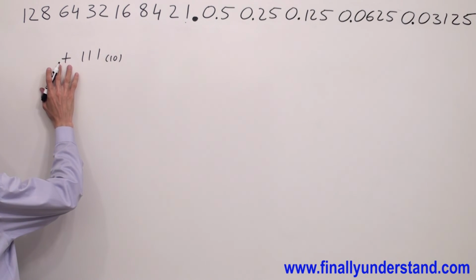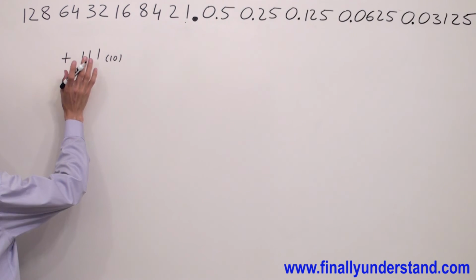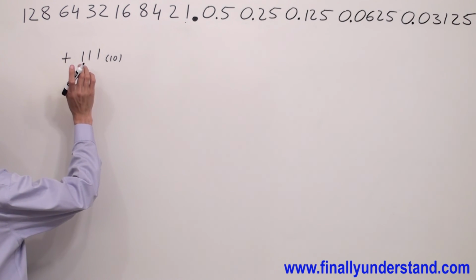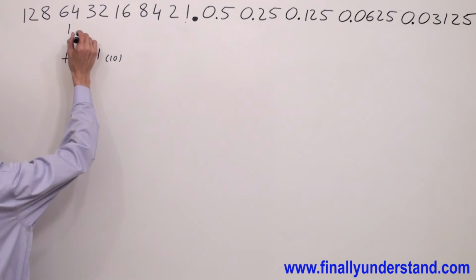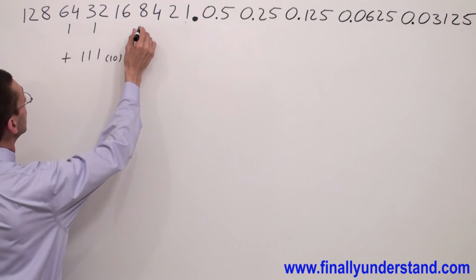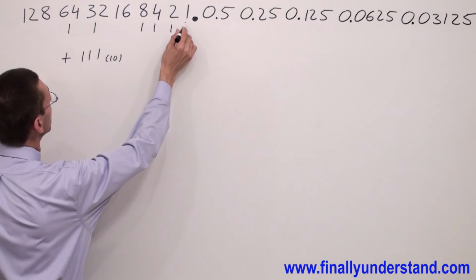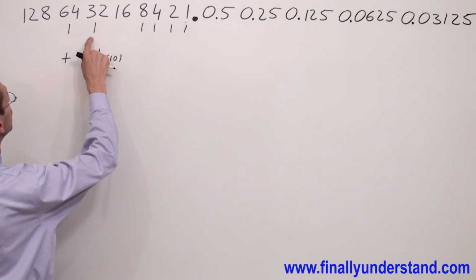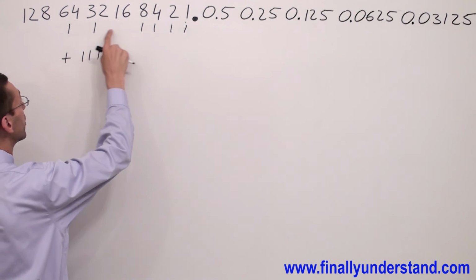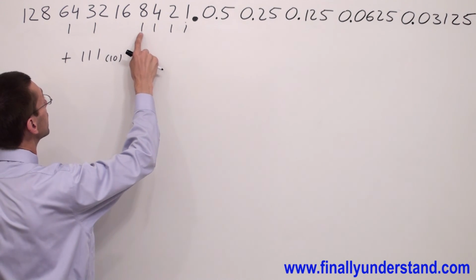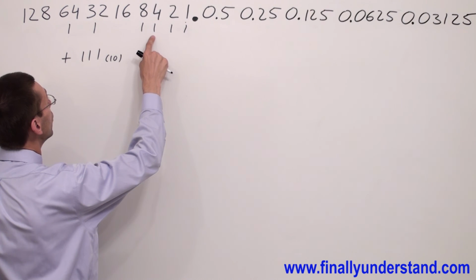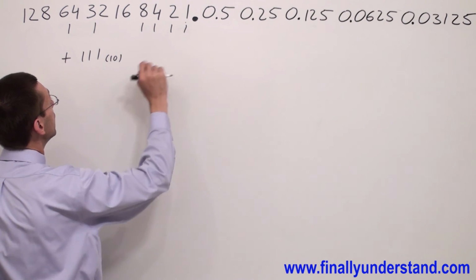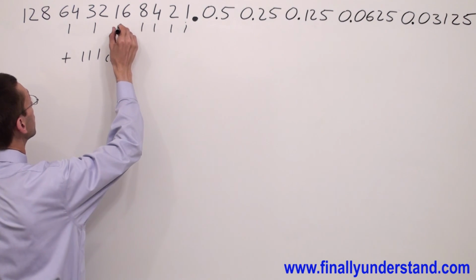Again, because this is positive, we simply convert 111 to binary. 111 in binary is 0 1 1 0 1 1 1 1. Let's check. We have 64 plus 32 is 96, plus 8 is 104, plus 4 is 108, plus 2 is 110, plus 1 is 111.